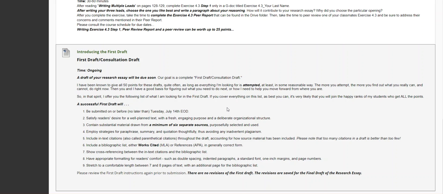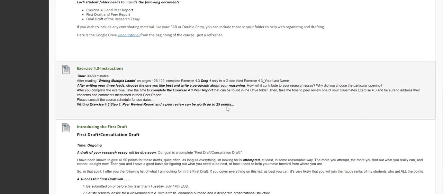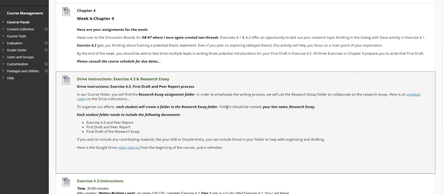The process is you will upload the first draft as our usual process. Here I've listed the drive instructions, so there should be a copy of your first draft. I'll talk more about this on the weekend's usual screencast video.